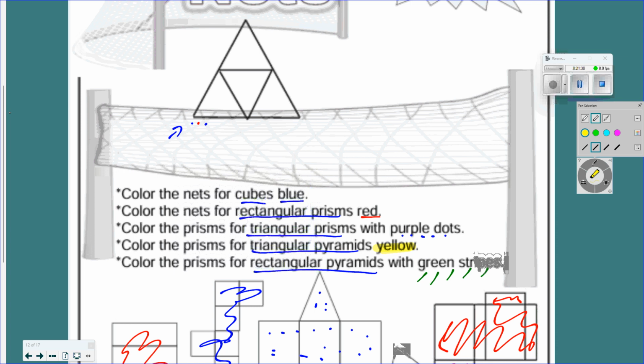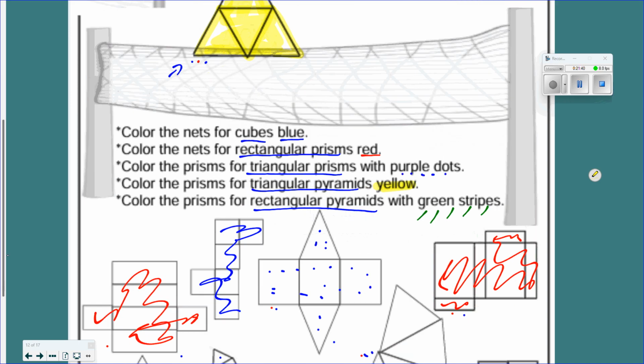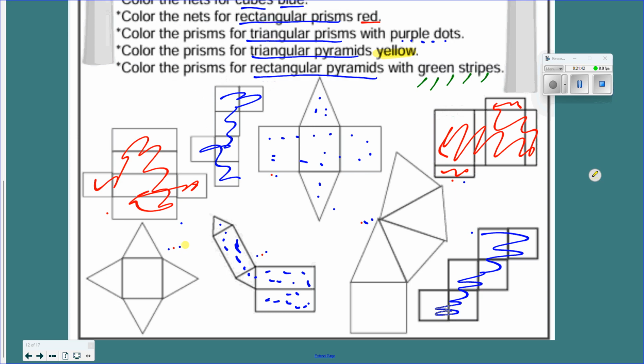Fine. Okay. Is this a triangular pyramid? Oh. Last one. Yes, we did. The color is this one right here. Yeah.